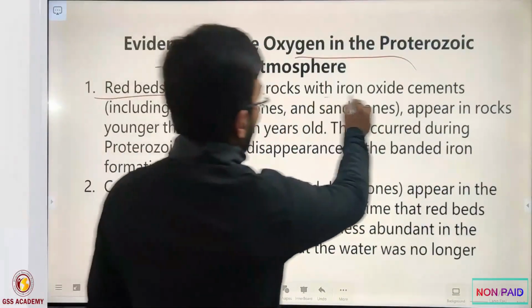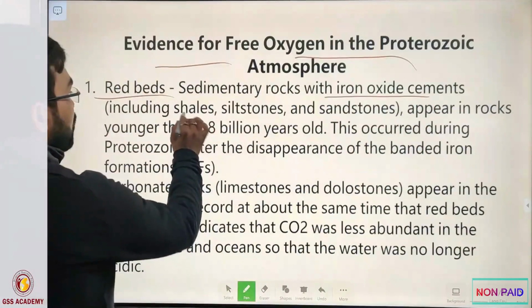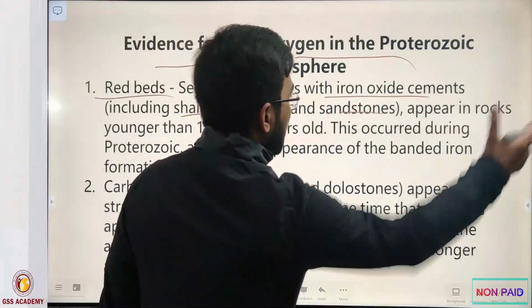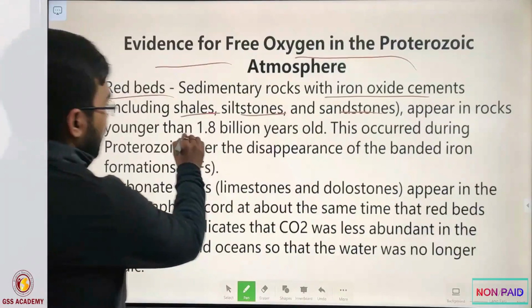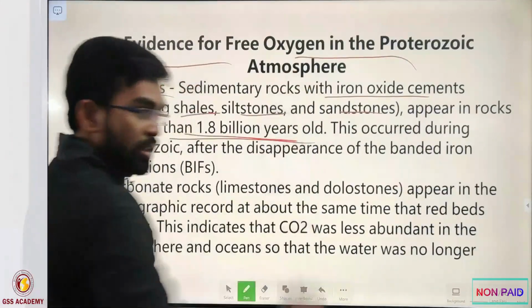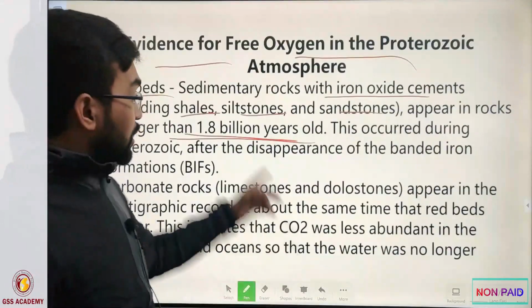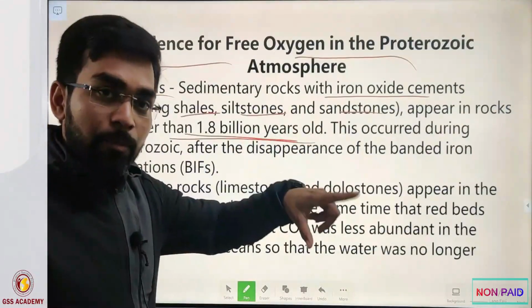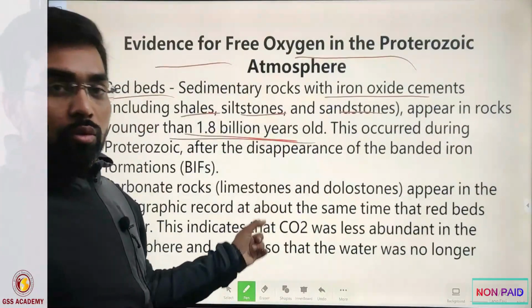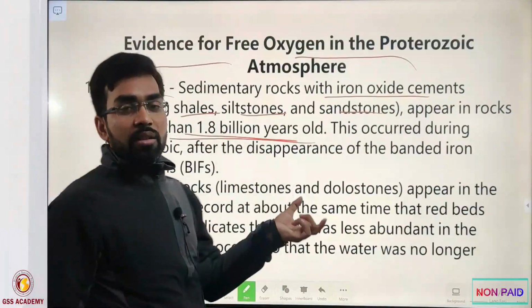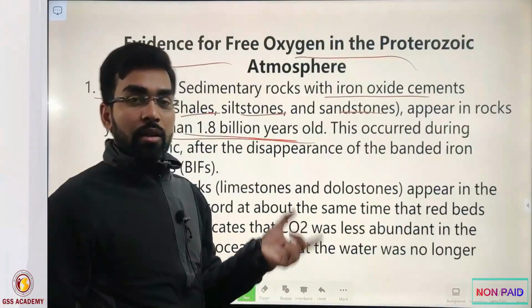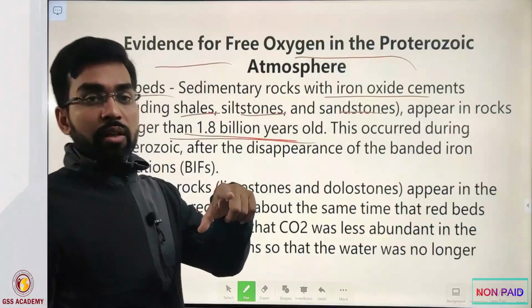Sedimentary rocks with iron oxide cements, including shales, siltstone, sandstone, appear in rocks younger than, always remember this says younger than, 1.8 billion years. Now you can correlate it with the geological age, 2500 to 1600, which is called the Paleoproterozoic.